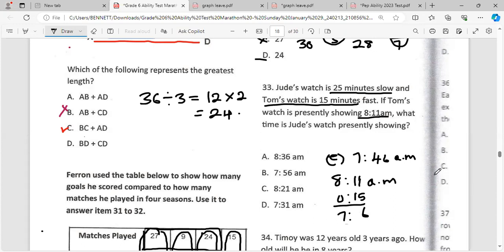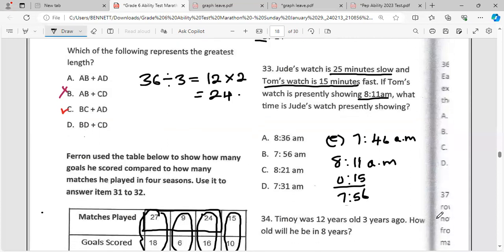In real life, that's the actual time, not what anybody's watch is showing. And they say Jude's watch is 25 minutes slow. So what time is Jude's watch showing based on that?